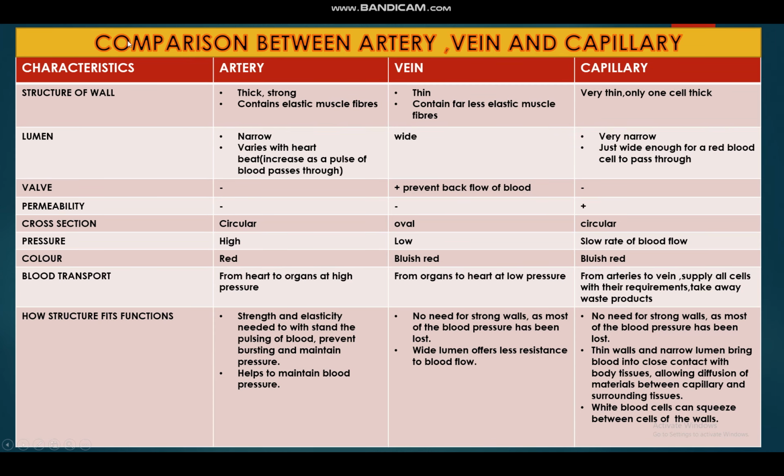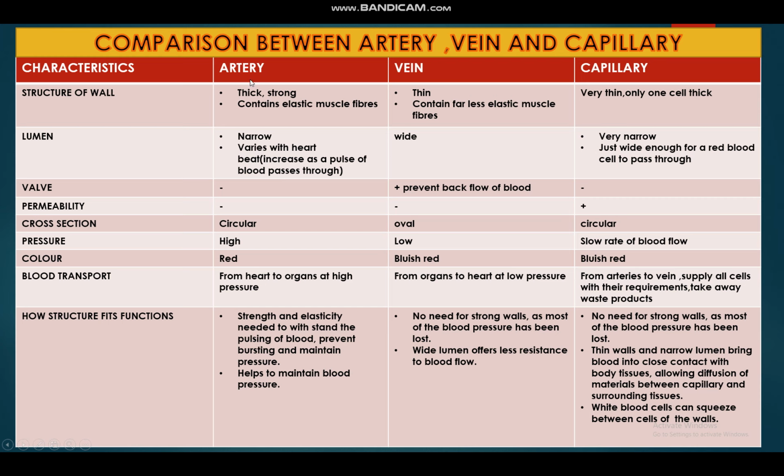Now we are going to see the comparison between the artery, veins and capillaries. On the basis of some characteristic features, arteries, veins and capillaries can be differentiated. The first characteristic is the structure of the wall.